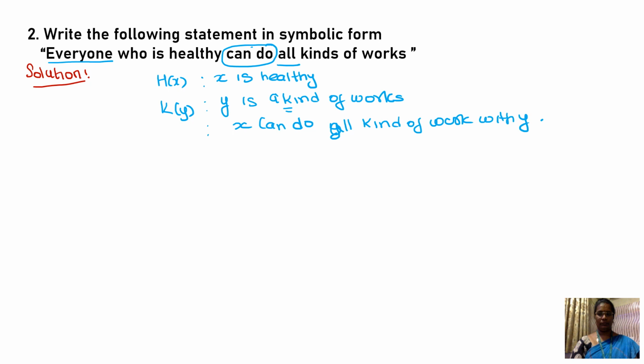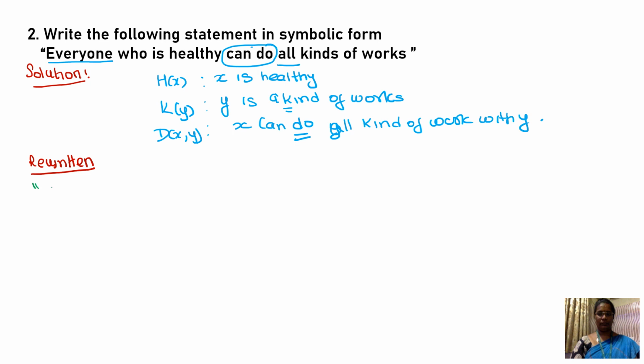How do I interpret this? Can do, I name it as D of x comma y. As I mentioned earlier, if any statement given to you is rewritten in a simpler form, then it becomes easy for us to symbolize it. So now let us look at how to symbolize the given statement.